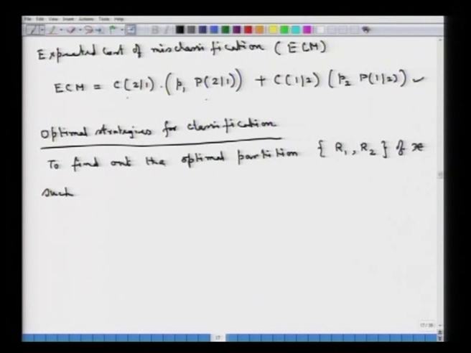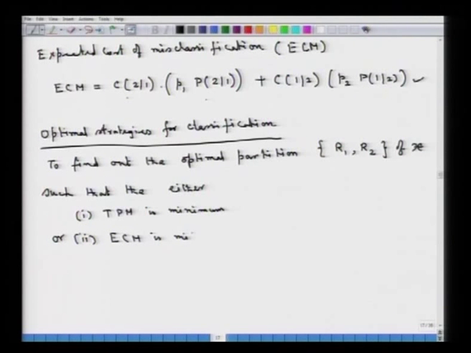So, we are looking at this optimal partition R1 R2 of x, such that, let me write it one by one, we have either of the two approaches, either this TPM, the total probability of misclassification, is minimum, or we can look at an alternate approach and say that no, our objective would be to minimize the expected cost of misclassification.